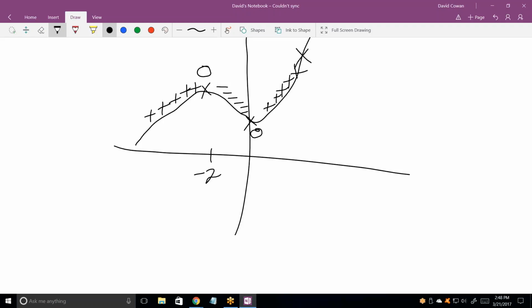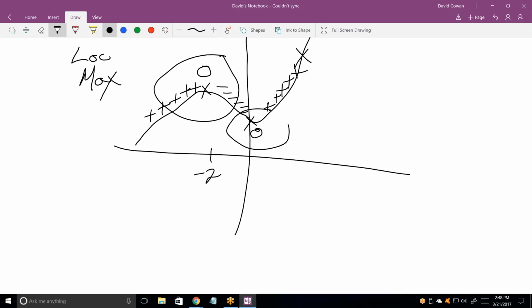So the first derivative test says that if you're going from positive to 0 to negative, that is a local maximum. And if you're going from negative to 0 to positive, that is a local minimum. That's what the first derivative test says.